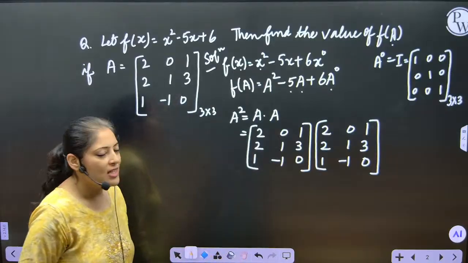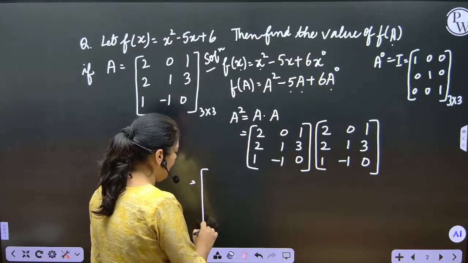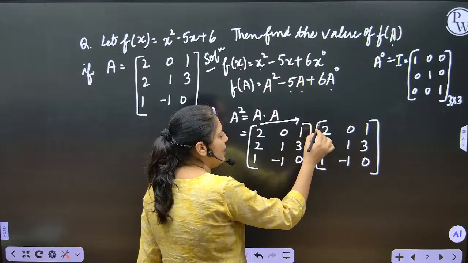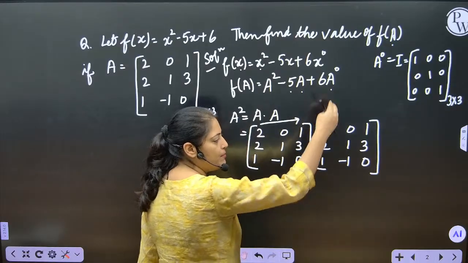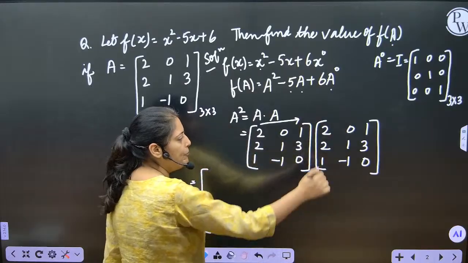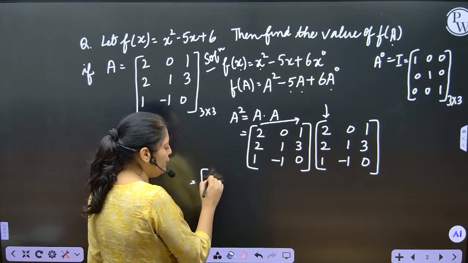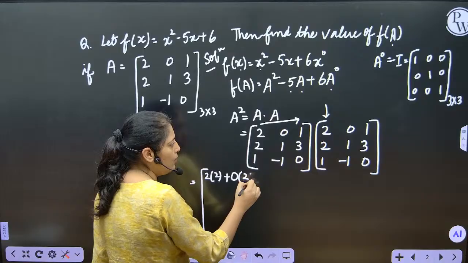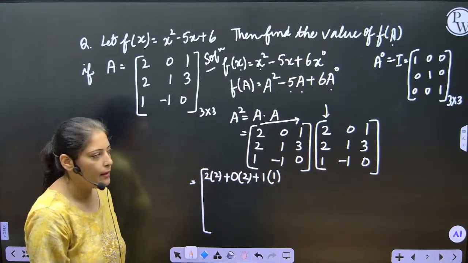Okay, so now the 3 cross 3 matrix we have to find. Now multiply this matrix with itself only. First row, as I said, we have to deal with the first column, second column, third column. So first row, first column, 2 2s are 4, 0 into 2 plus 1 into 1. This will be the first element.